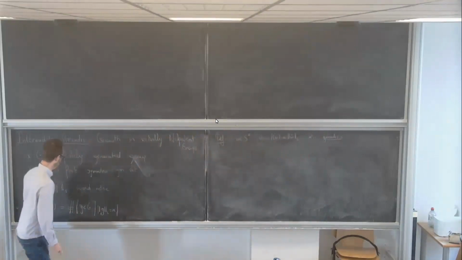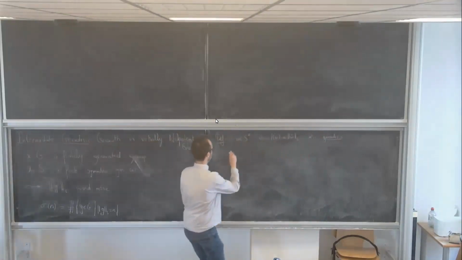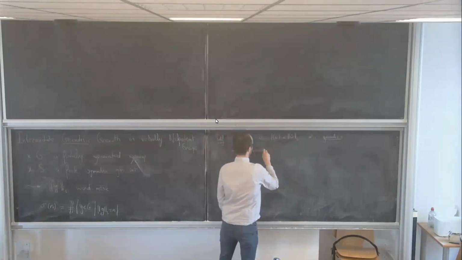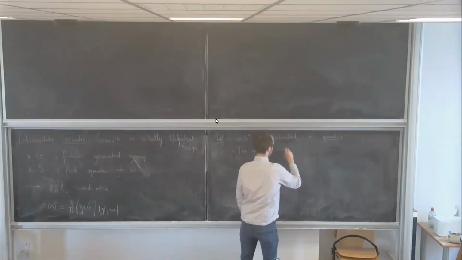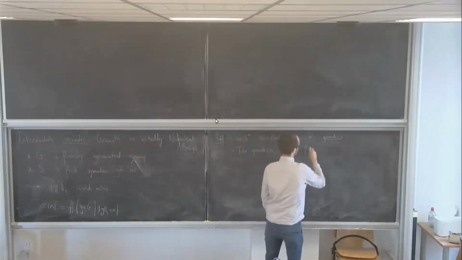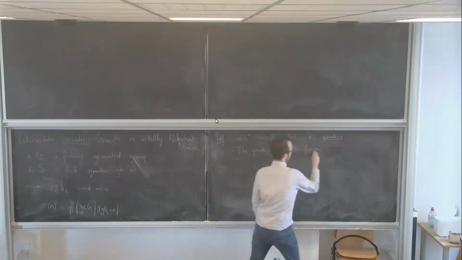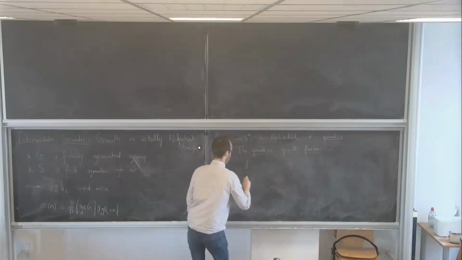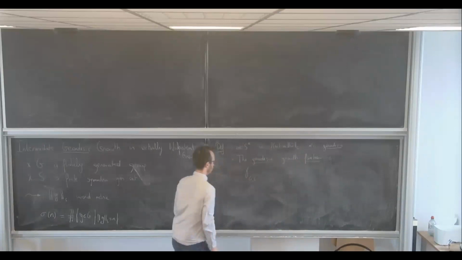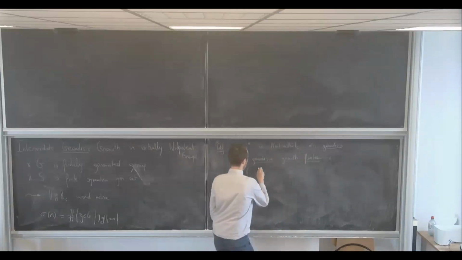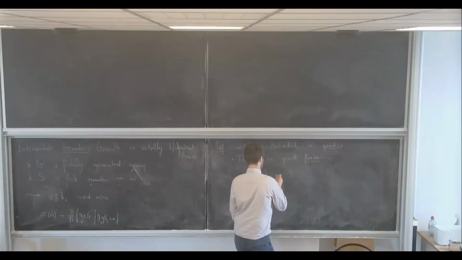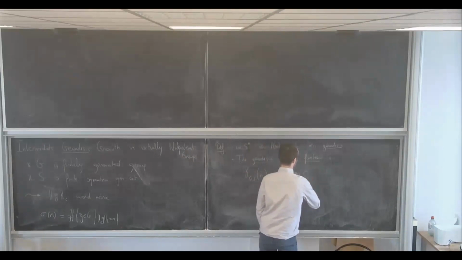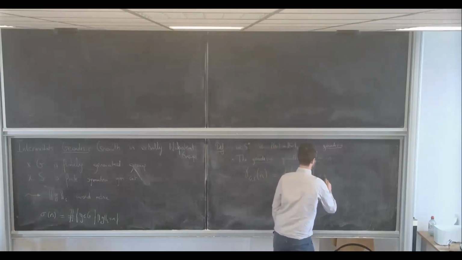And then the growth function we look at is not this one, but some slightly different one, the geodesic growth function. I'm going to denote it by gamma, and as subscript I need both G and S. For each integer n, it just counts the number of words of length n which are geodesics.